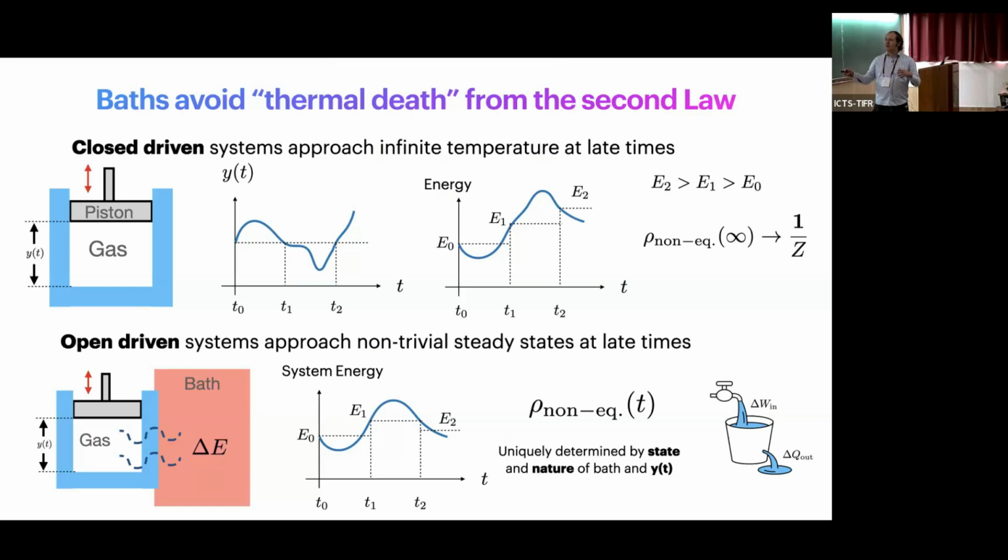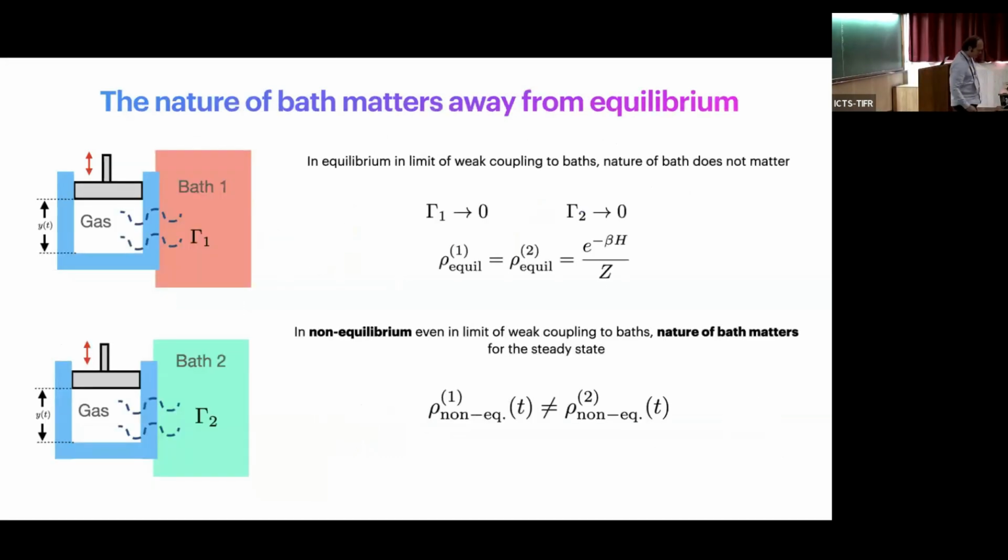We're doing work on the system, and the system is releasing that energy into the bath in the form of heat. So at late times there is a well-defined, unique steady state, but with some energy density that is still not super high. And so the system is still doing something quantum and interesting.